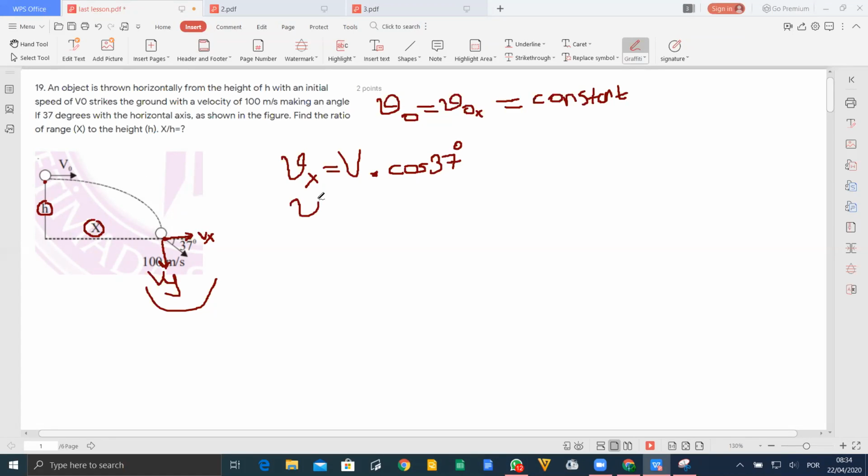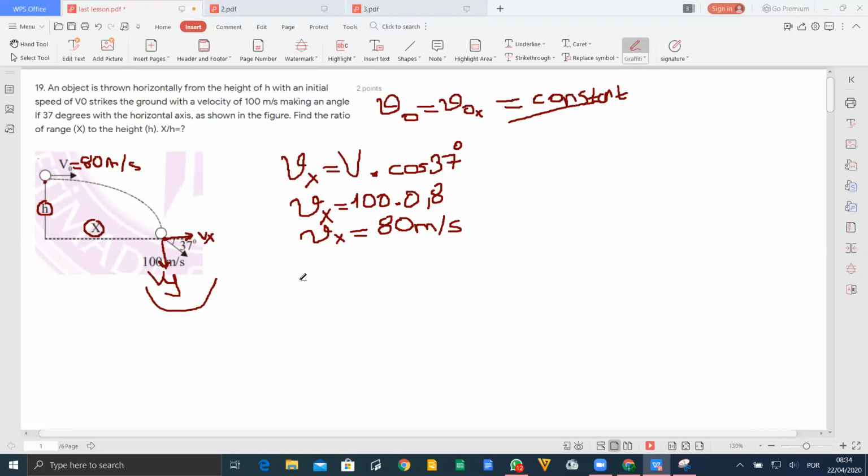So Vx is equal to 100 times cosine 37, which is 0.8, and Vx becomes 80 meters per second. And this V0 is also 80 meters per second, because as you know that horizontal speed is constant, it doesn't change.